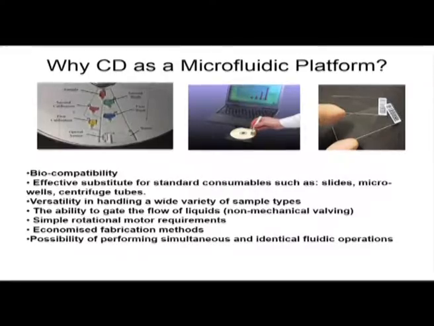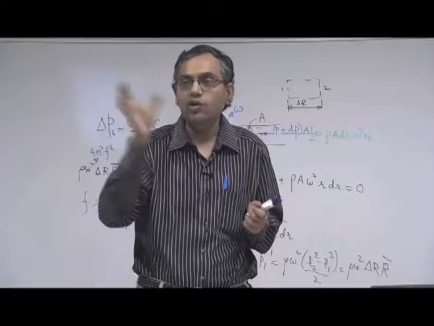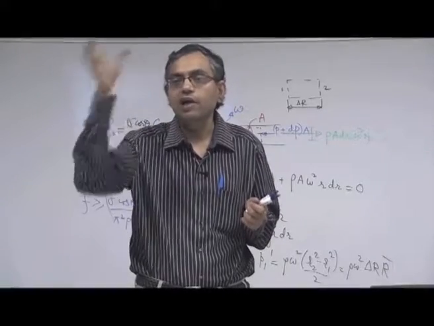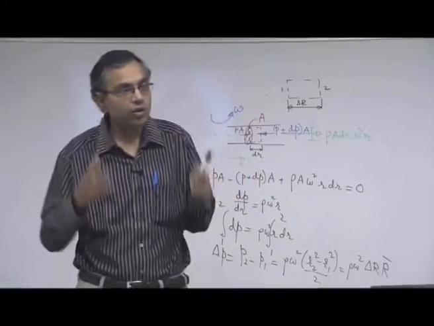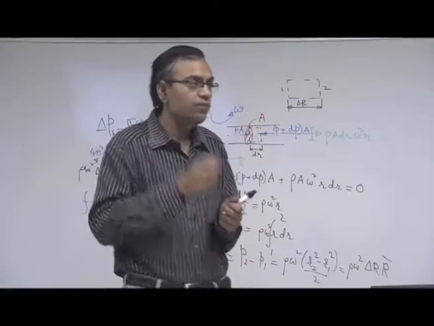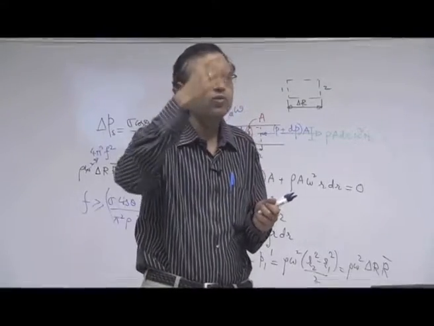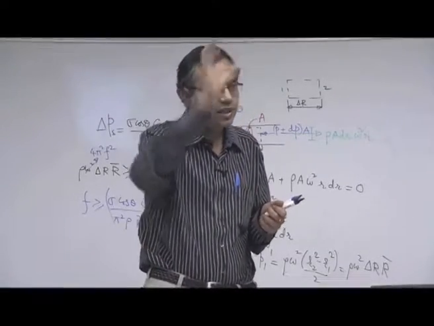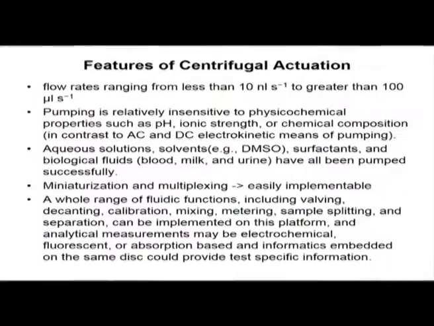So technically by using one drop of blood, simultaneously with a single rotation of the disc, you can make 100 pathological tests. That is a very unique advantage. For making the fluid flow through different channels you do not have to use different actuation; a single actuation will be able to transmit flow in all channels.